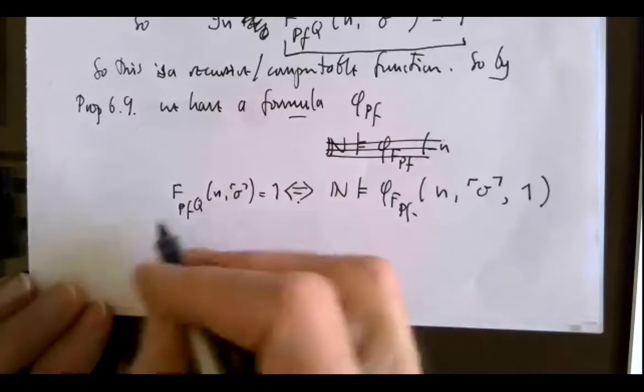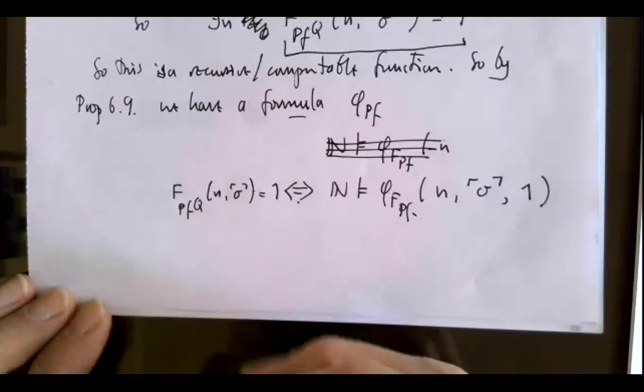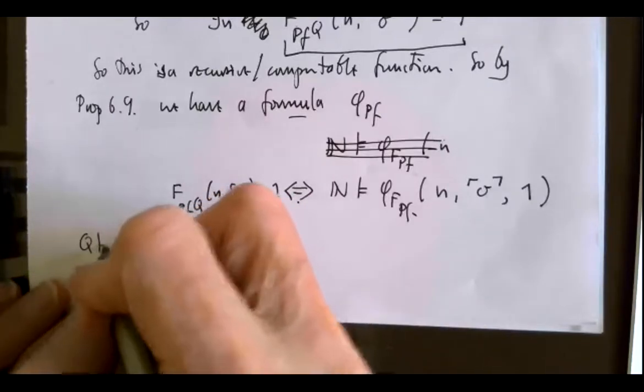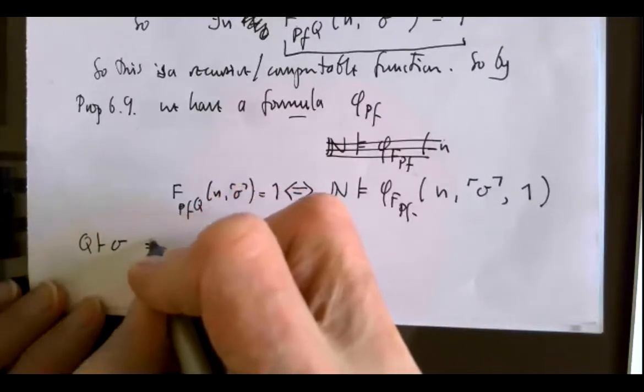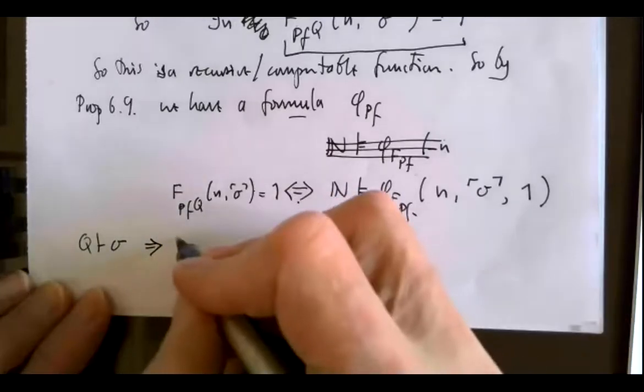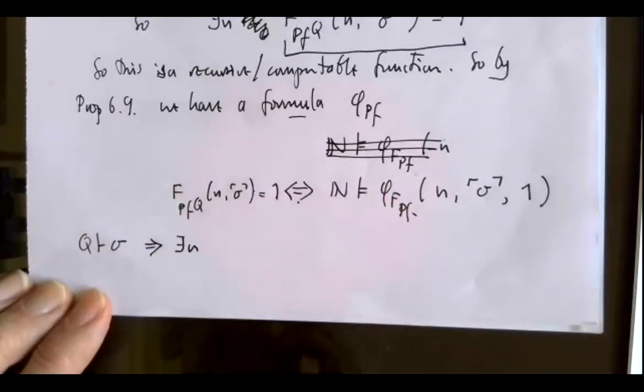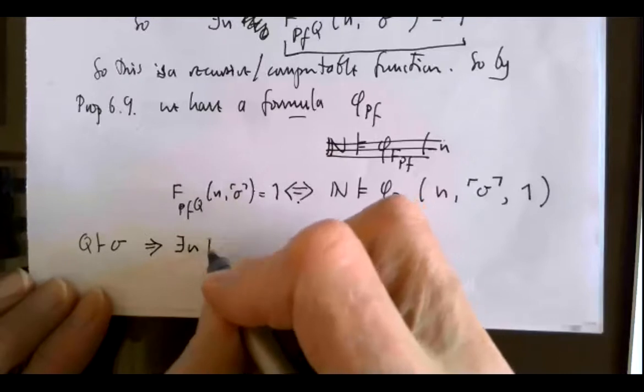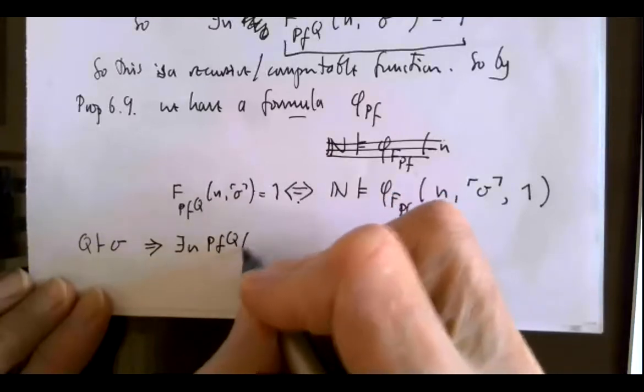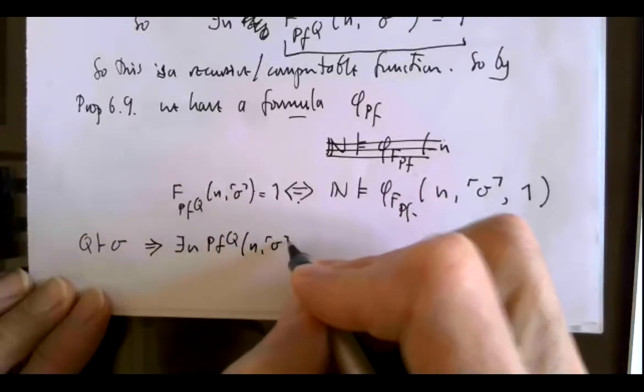And okay, so this will happen over here. If Q proves sigma, then there's going to be some number that's a code for that proof, a proof in Q of sigma.